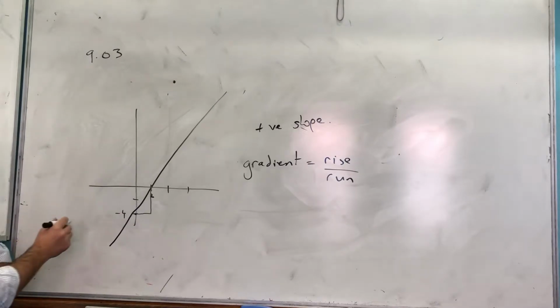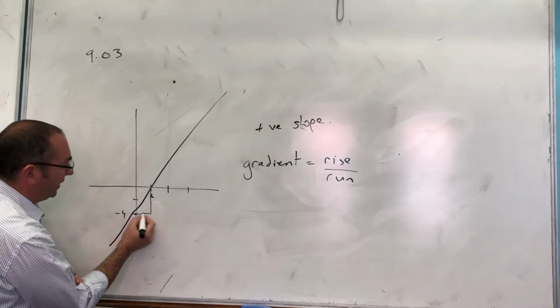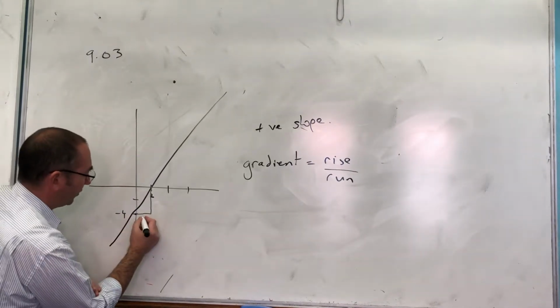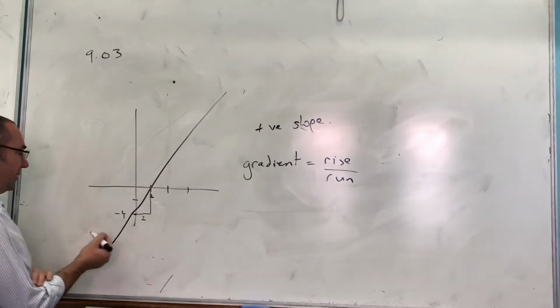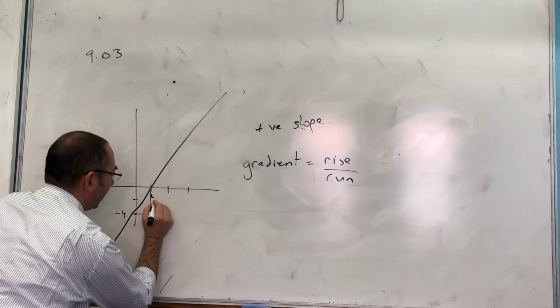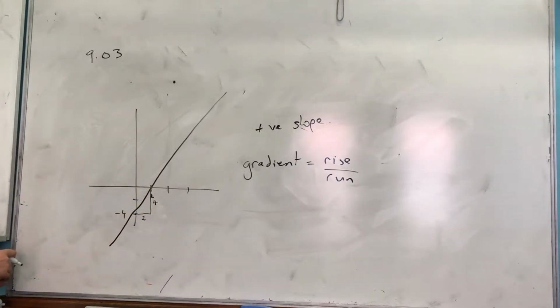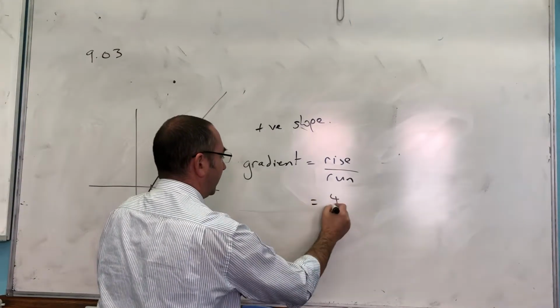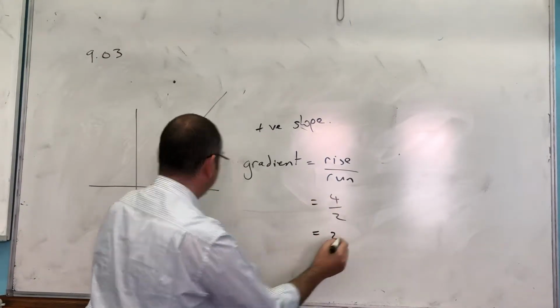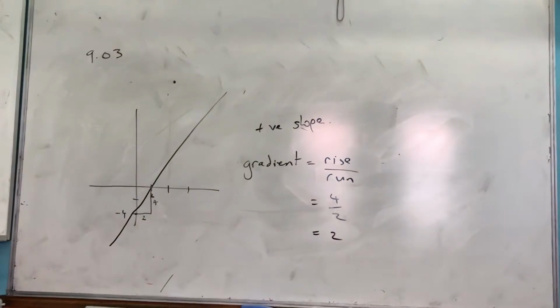But here it's really clear that we go from 0 to 2, so the run there is 2. And we go from -4 to 0, so the rise there is 4. So the rise here is 4, the run is 2, so the gradient of that line is 2.